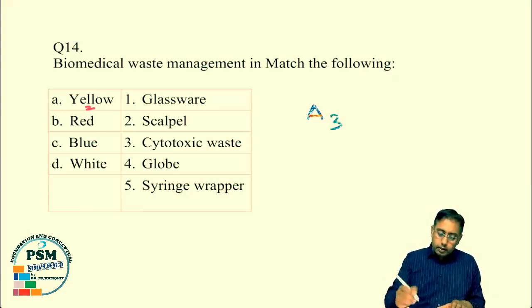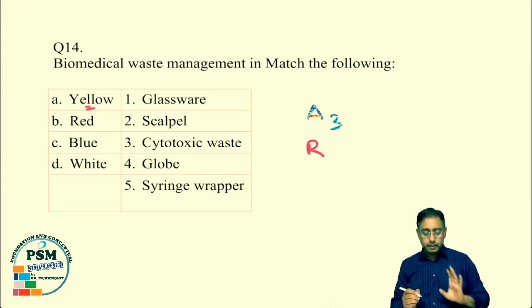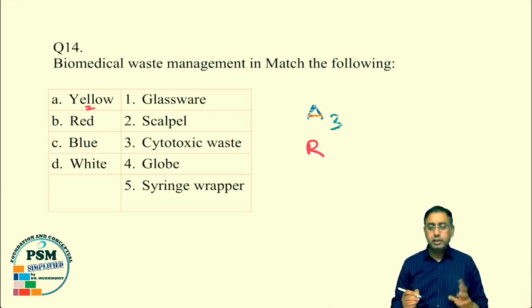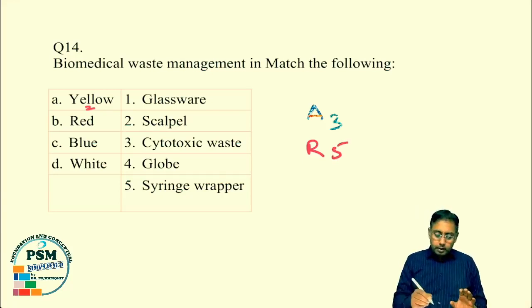Red category is all rubber, tube, and plastic. Glassware, no. Scalpel, no. Cytotoxic, no. Syringe wrapper, definitely red goes with the 5.